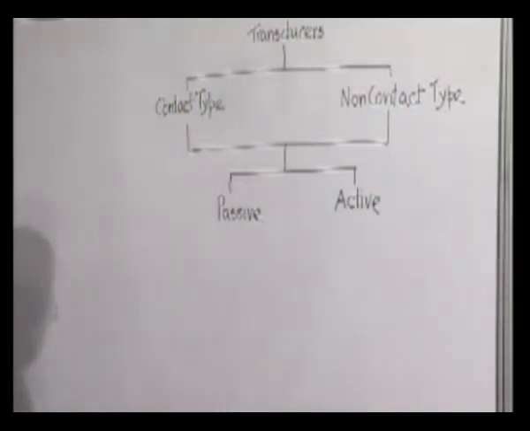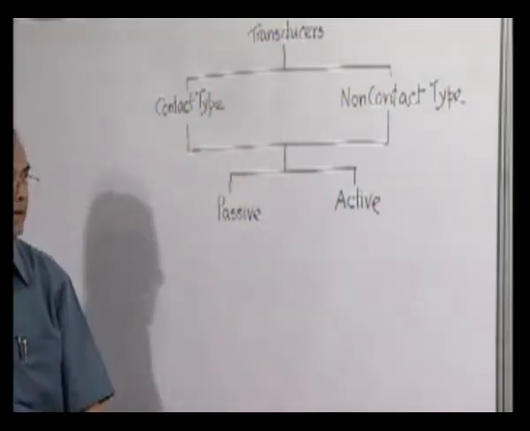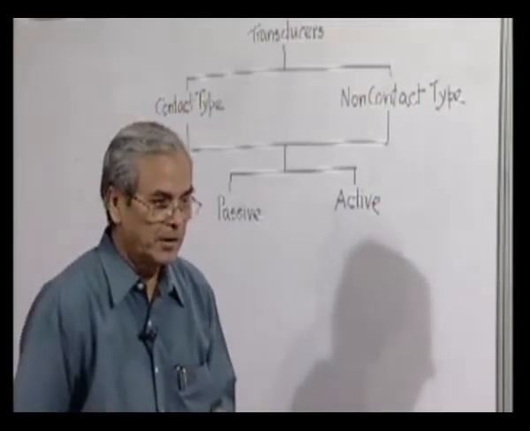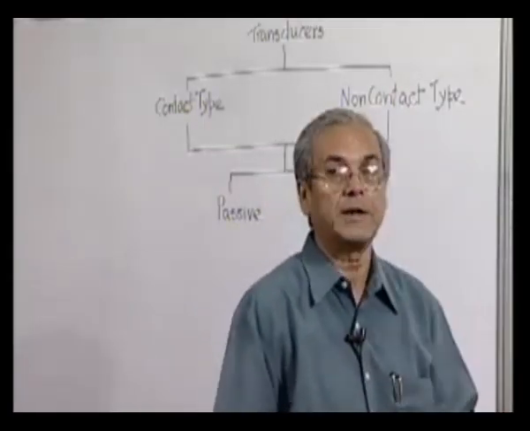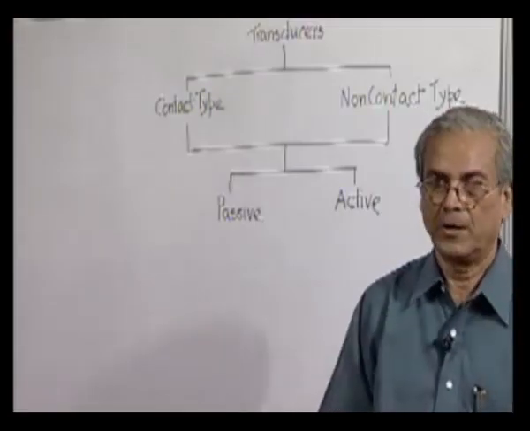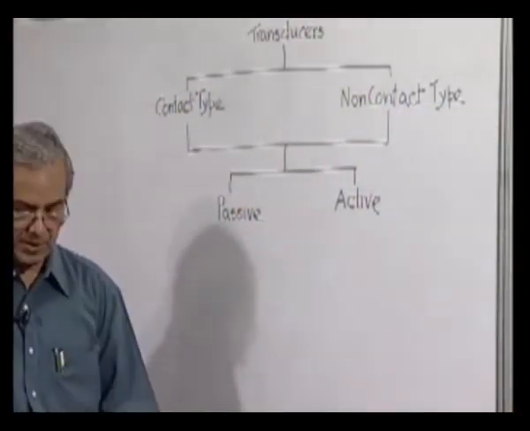In passive type pickup, we don't have to have a separate electrical power source to activate the transducer or to get the result. On the other hand, an active type of vibration pickup has to be connected to a separate electrical source for its power, then only it will function. Both types are there and they have their advantages and disadvantages.